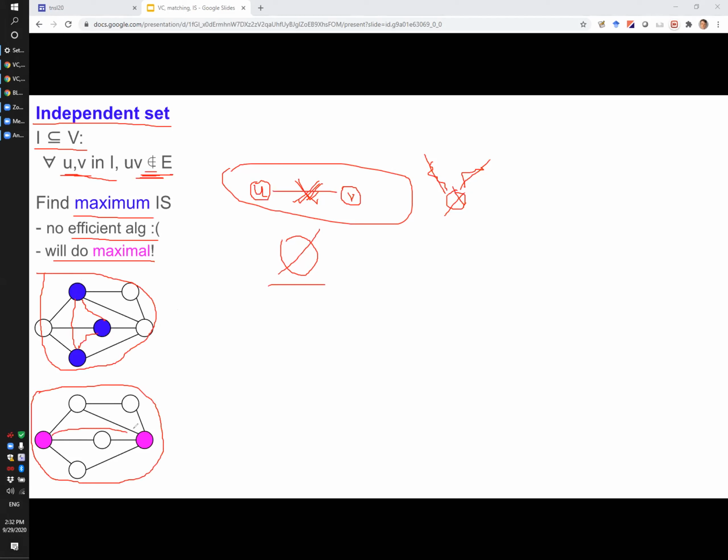And here is a maximal independent set. There is no edge between these two vertices, and you cannot add any other vertex so as to keep the set independent. Like if you add this vertex, you will have an edge here. You add this vertex, you will have an edge here, and so on. Add this vertex, you will actually have two edges, both this and this one. So no matter which vertex you add, you will stop having an independent set.